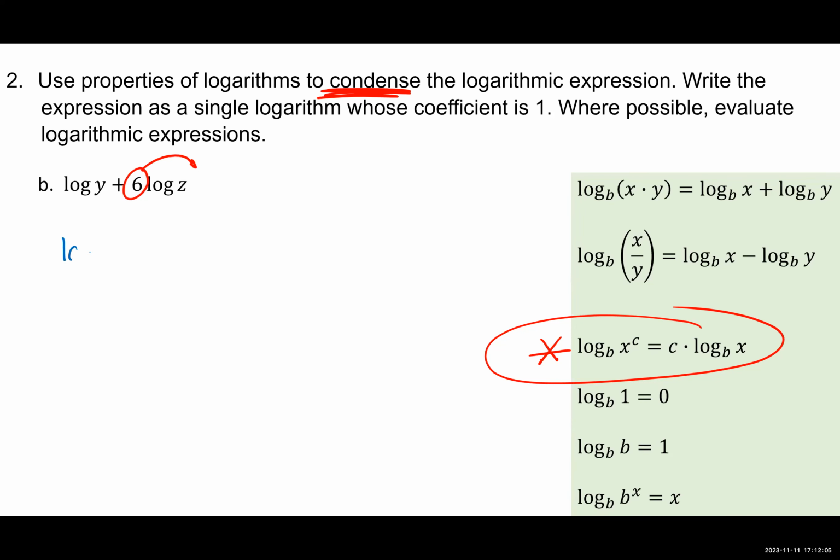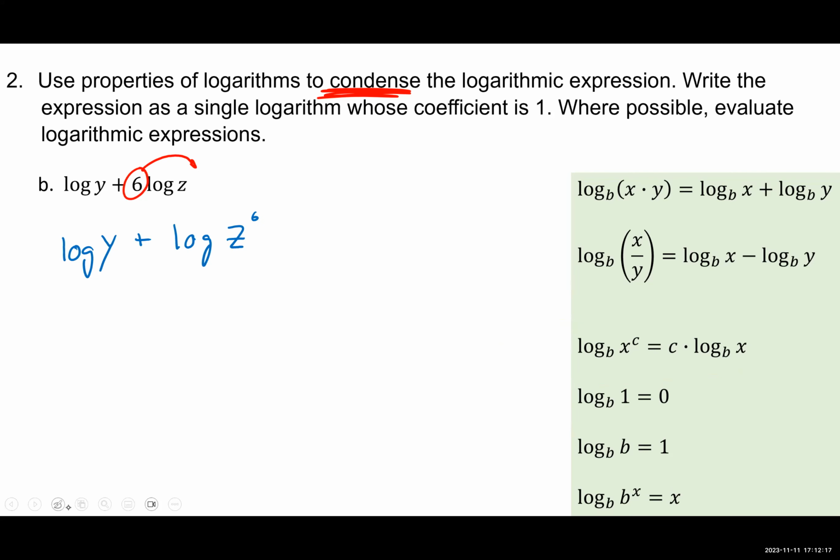So that's the log of y plus the log of z to the 6th power. Now we have a single logarithm plus a single logarithm. So now we can apply this guy.